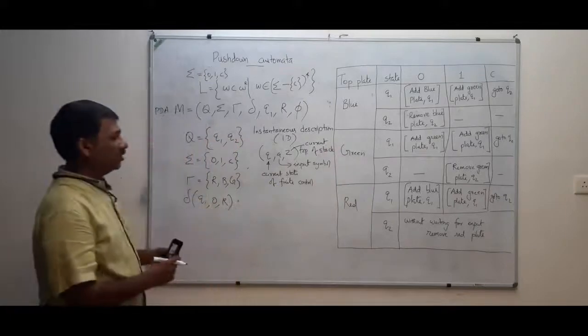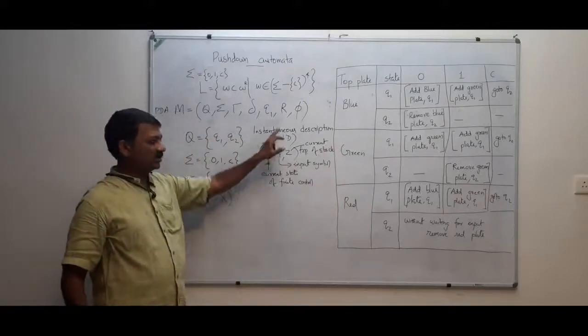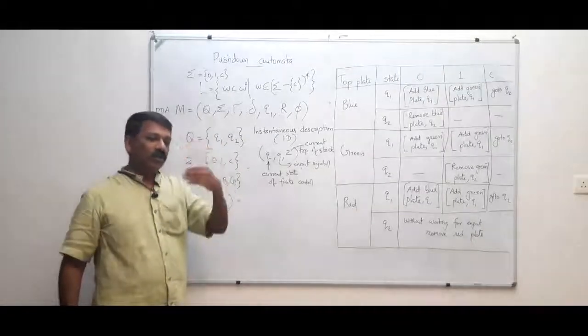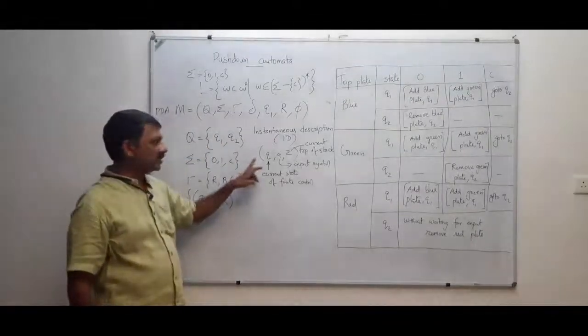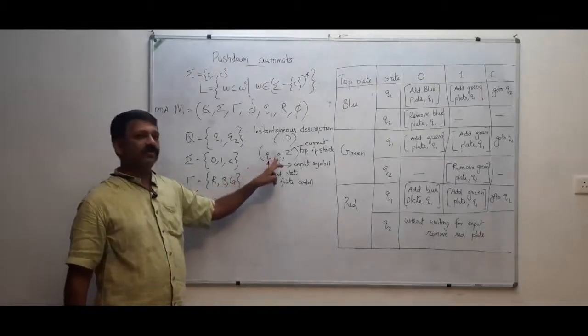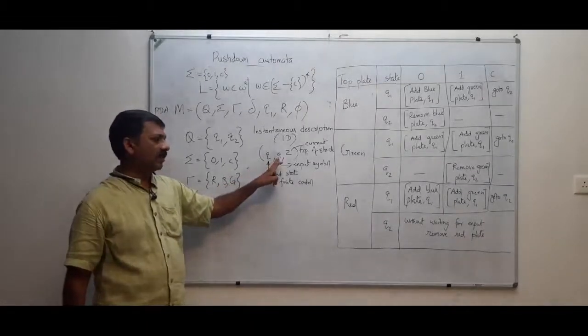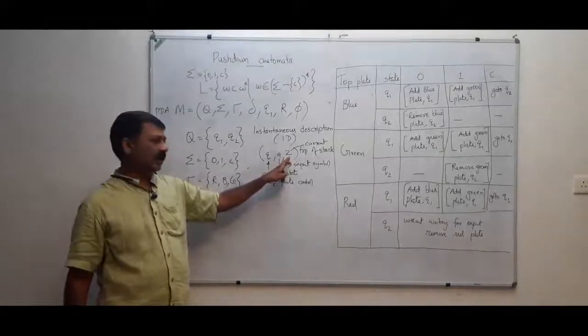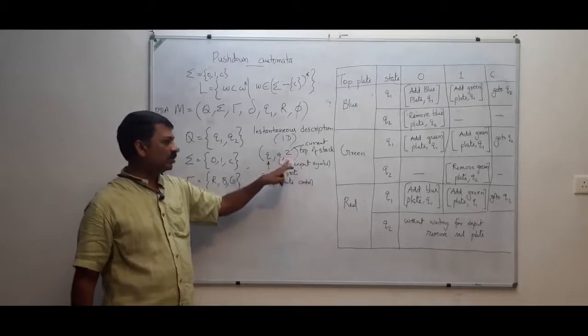That means here you have three elements for an instantaneous description. At any point in time, the finite control of the PDA is in some state, represented by Q1. It is pointing to some input symbol, represented by A, and it is pointing to the top of the stack. That means the top of the stack is pointed to by Z.